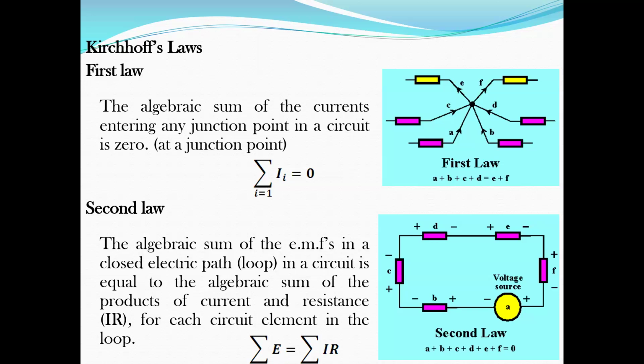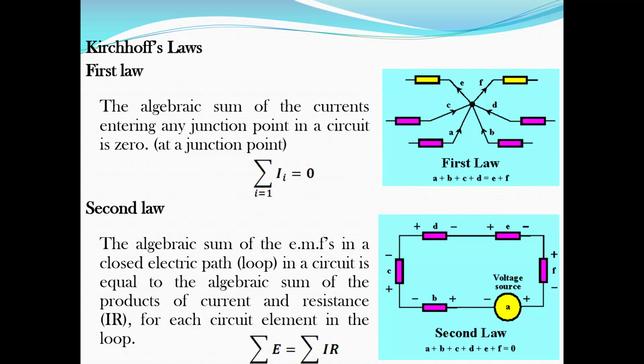In IR also it is the potential difference V, and E is also a potential difference. Then the second law can also be expressed as the algebraic sum of the potential differences around the closed loop is equal to 0. This is easier to remember than the other one: the sum of the potential differences around the closed loop is 0.